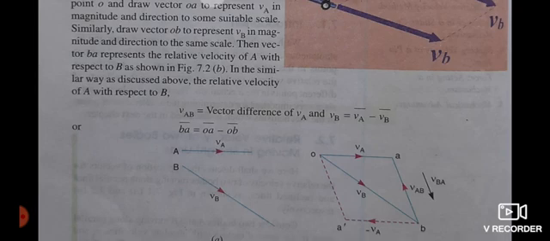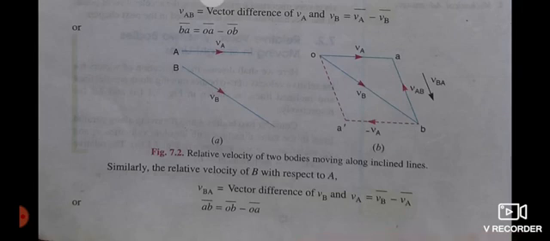In a similar way as discussed above, the relative velocity of A with respect to B, VAB, is equal to the vector difference of VA and VB, that is vector VA minus vector VB, or vector BA equals vector OA minus vector OB.